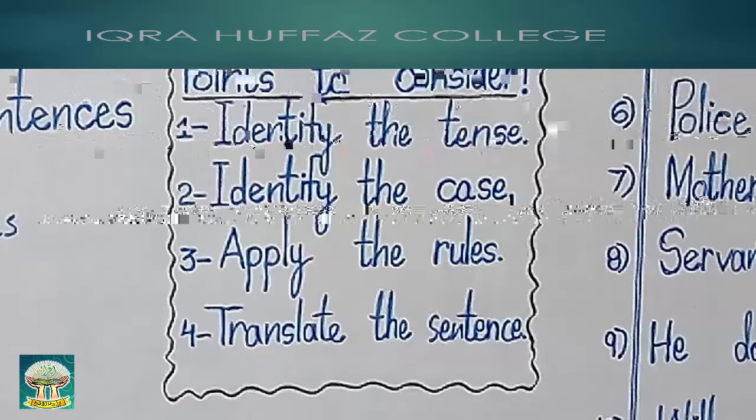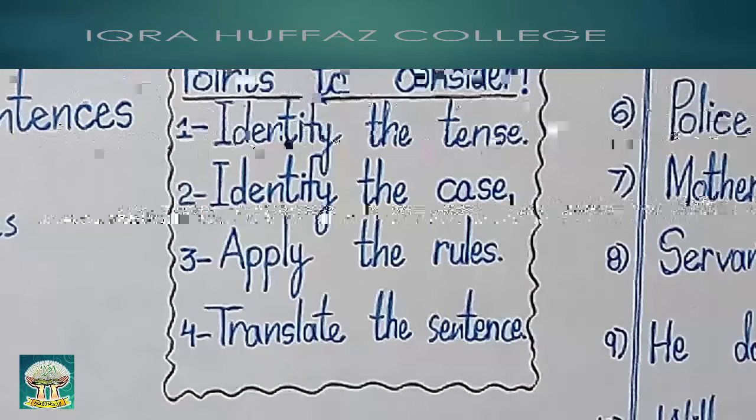Second, you have to identify the case. Is this an affirmative sentence or negative sentence or interrogative sentence? Yes, correct. This is an affirmative sentence. Now you know 2 things. This is present simple and this is an affirmative sentence, which means present simple in affirmative. Now the third thing, you have to apply the rules.